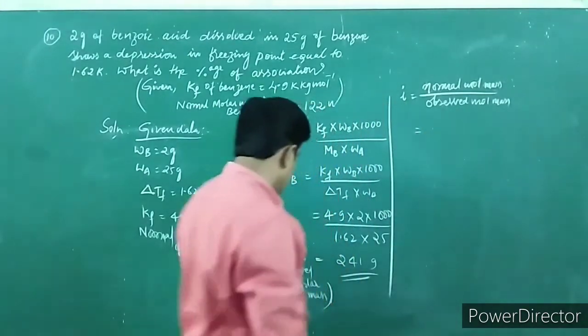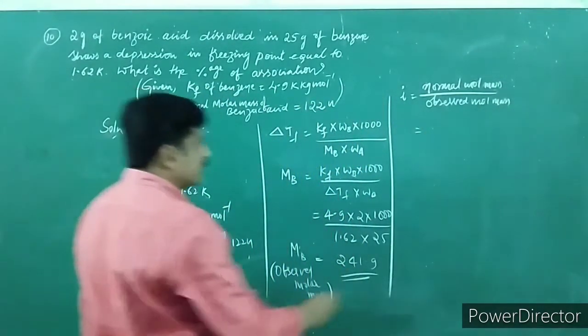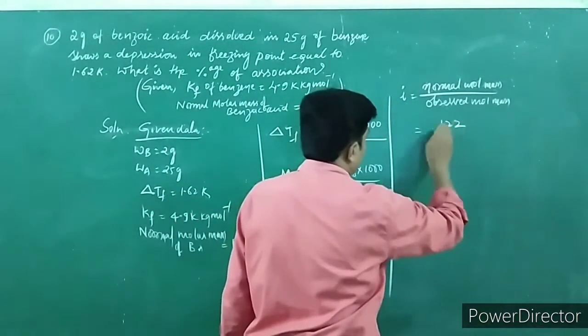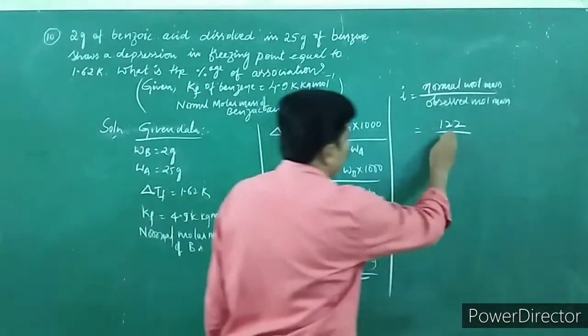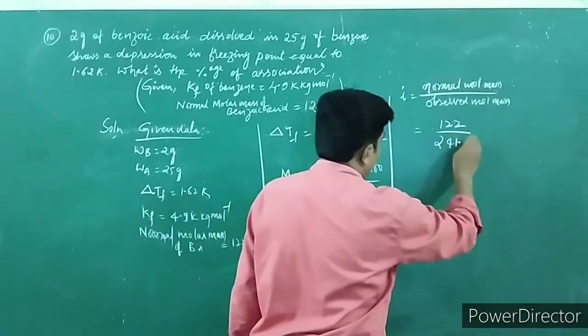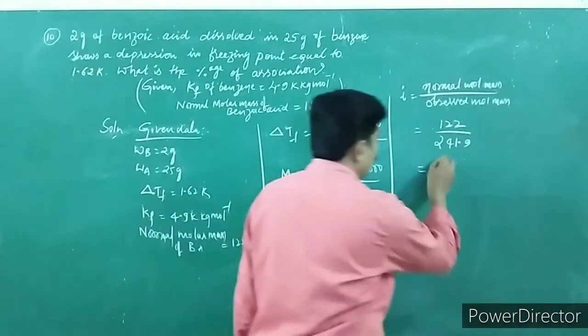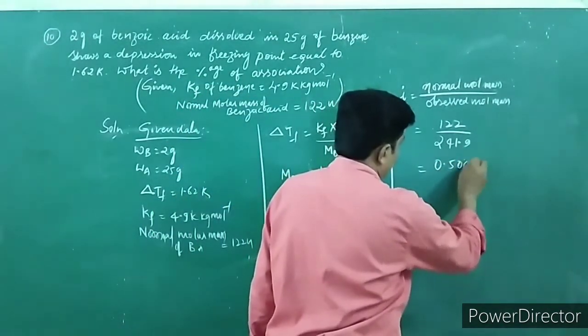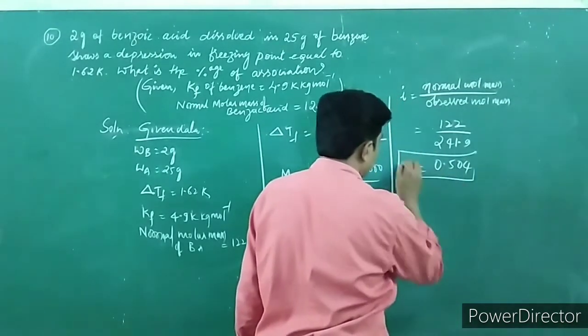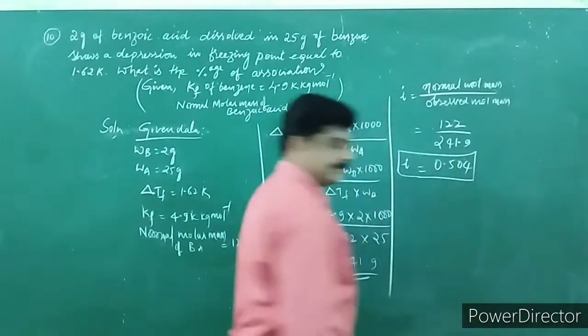So normal molar mass is equal to how much here? It is 122 upon how much? It is 241.9. Is it not? Children, if you simplify that, you are going to get 0.504. This is equal to i.